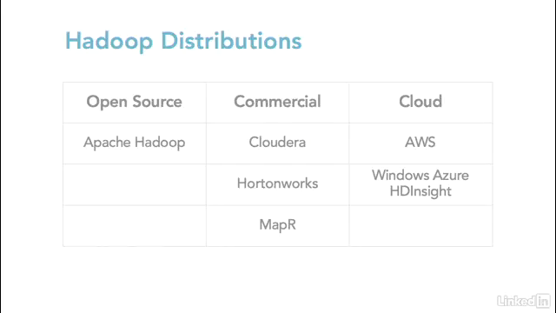When you're using a cloud distribution, you can use an Amazon distribution which implements the open source version of Hadoop, so Apache Hadoop on AWS with a particular version, or you can use a commercial version that's implemented on the AWS cloud, such as MapR on AWS. Not all commercial versions are available on all clouds, so that's a consideration when you're selecting a cloud-based Hadoop distribution. We'll also be taking a look at the Windows Azure HDInsight distribution as it's gaining in popularity, particularly with Microsoft customers.